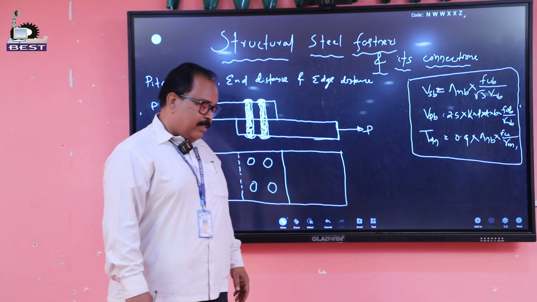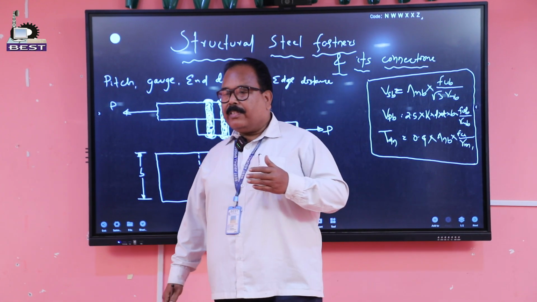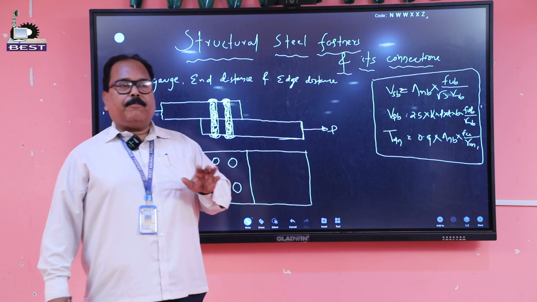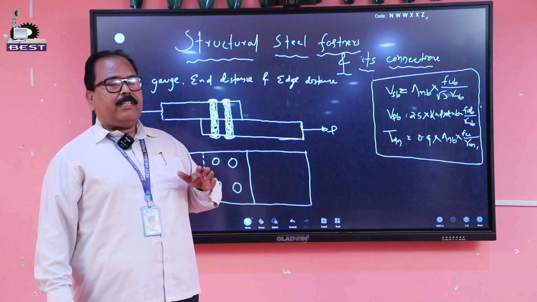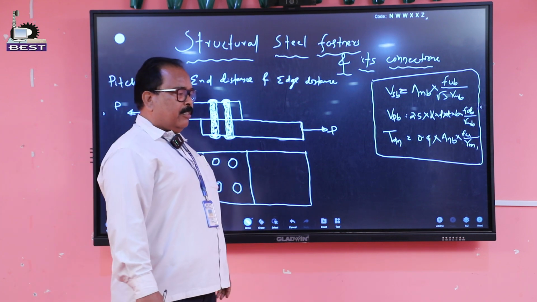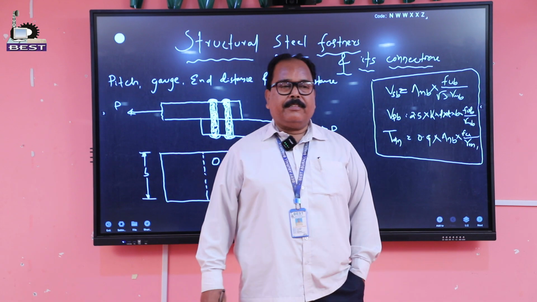Students, you know that for riveted joints we have no syllabus. We only have bolted joints and welded joints in the syllabus, so first we come to the bolted joint.